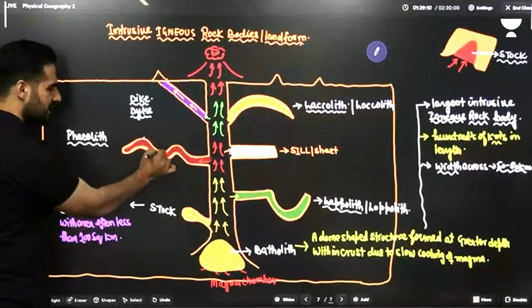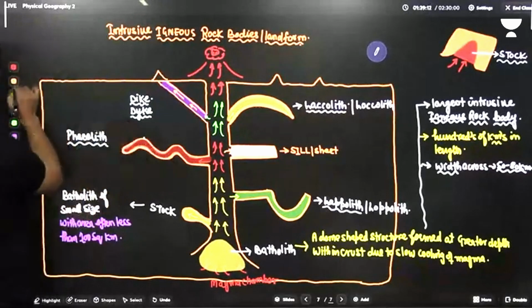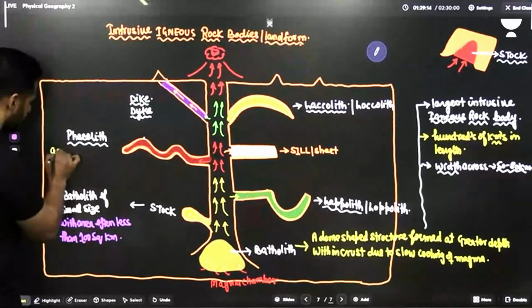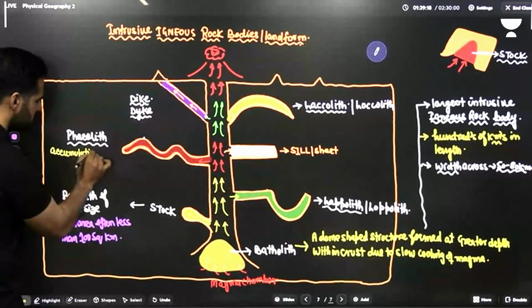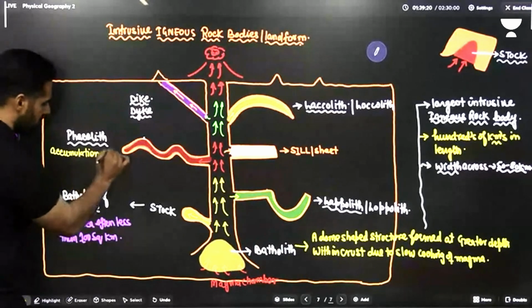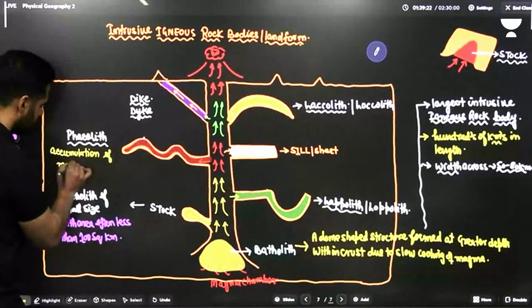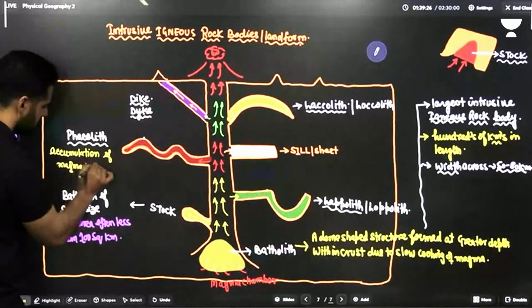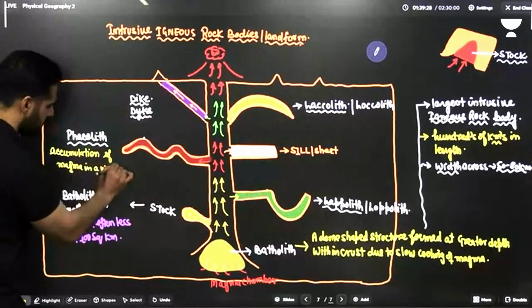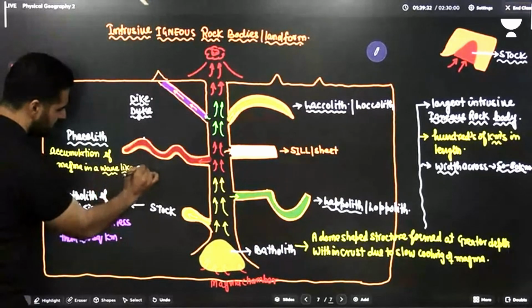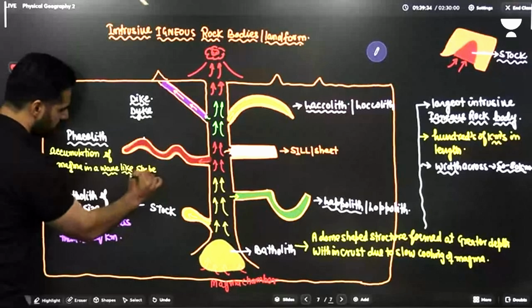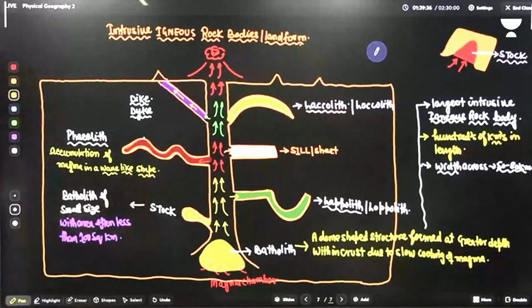Wave have two parts, anticline and syncline. It is accumulation, can I call accumulation or solidification of magma in a wave form, wave-like shape. Am I clear with this?